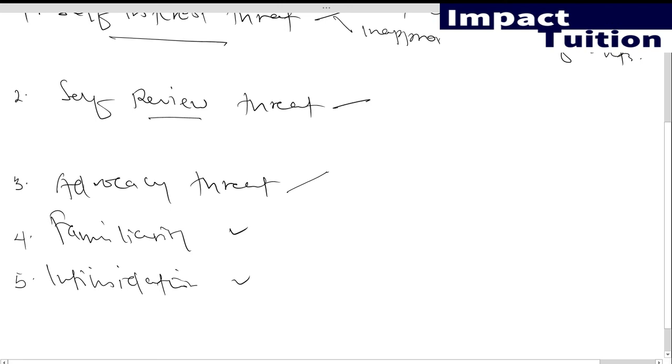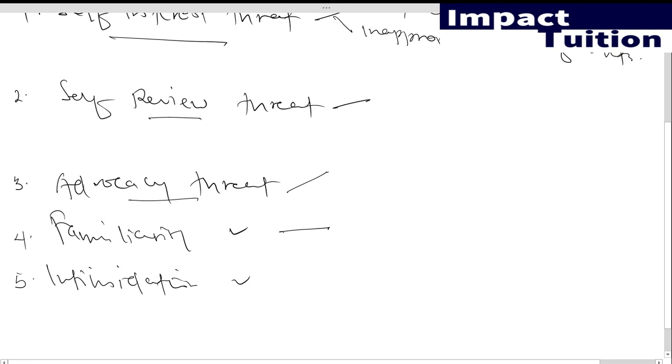In such a situation, there is an advocacy threat. However, as long as the information provided is neither false nor misleading, such actions would not create an advocacy threat. So, advocacy threat arises normally when the information provided to promote the interest of the client is false.